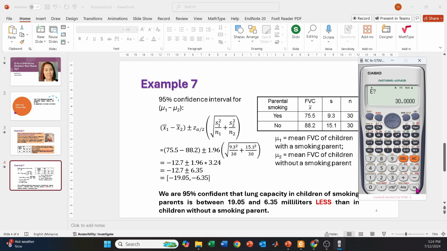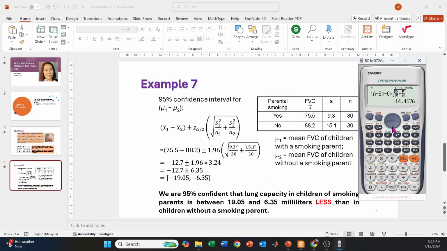E is correct. F should be 15.1 squared. So I get negative 19.0461, or to 2 decimal places, negative 19.05.